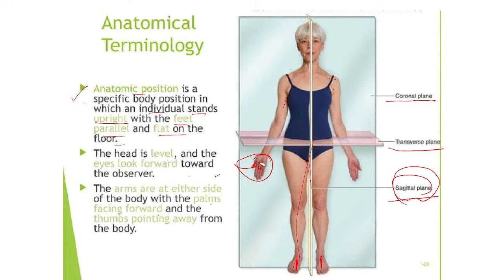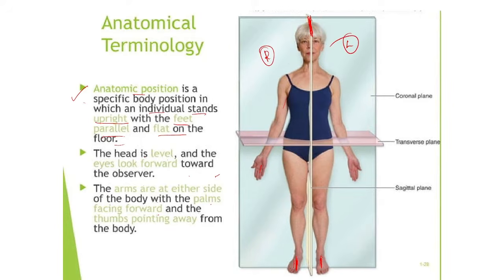We are making an imaginary line through the head of this person, from the frontal region to the back occipital region. Front to back, this way we are cutting and making two equal halves, right and left. This plane is known as the sagittal plane.